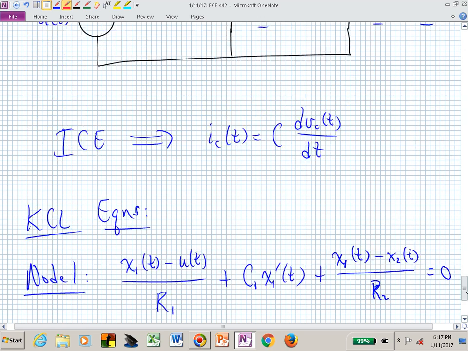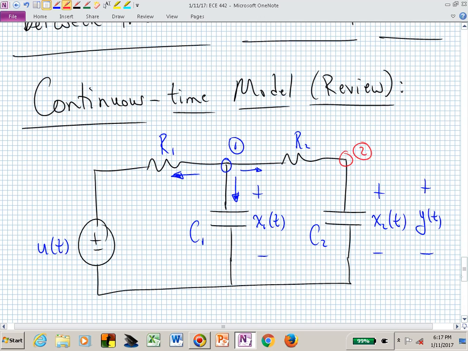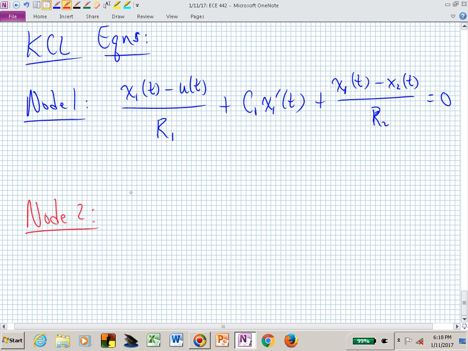So node 2. Now, let's say we want currents going out of node 2. We could say we want a current going to the left and a current going down. And we do the same thinking that we had before, except now it's relative to node 2, so that the red current going to the left is (x sub 2 minus x sub 1) divided by R sub 2.